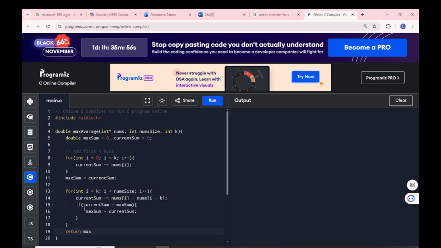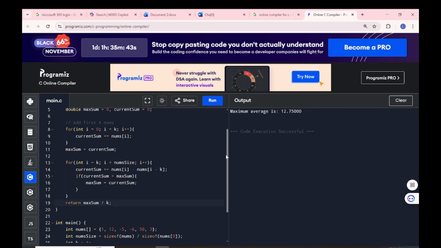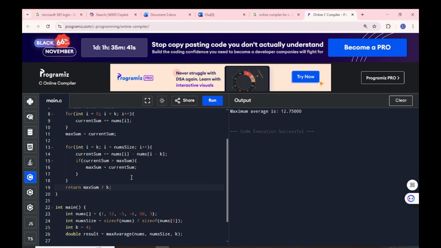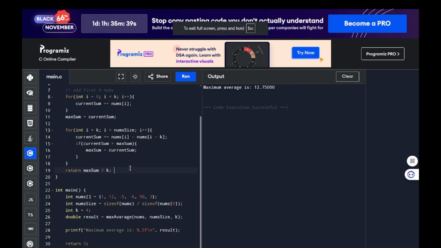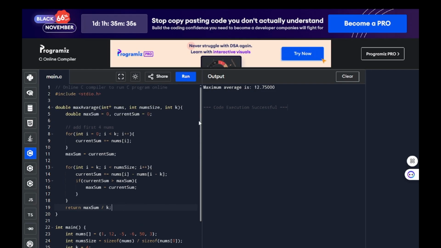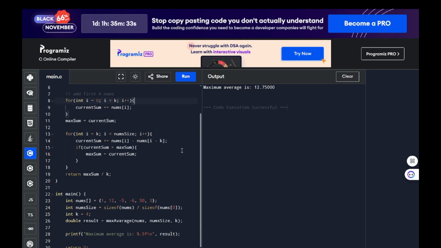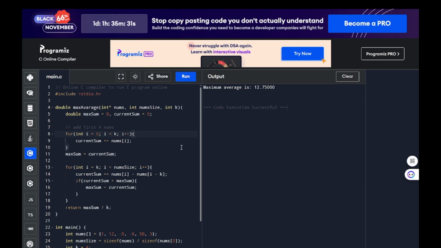Return max sum divided by k, right? So let's see what happens. So we got the result, right? It was good guys, we at least got the output, right? So now we will move on to the next one.